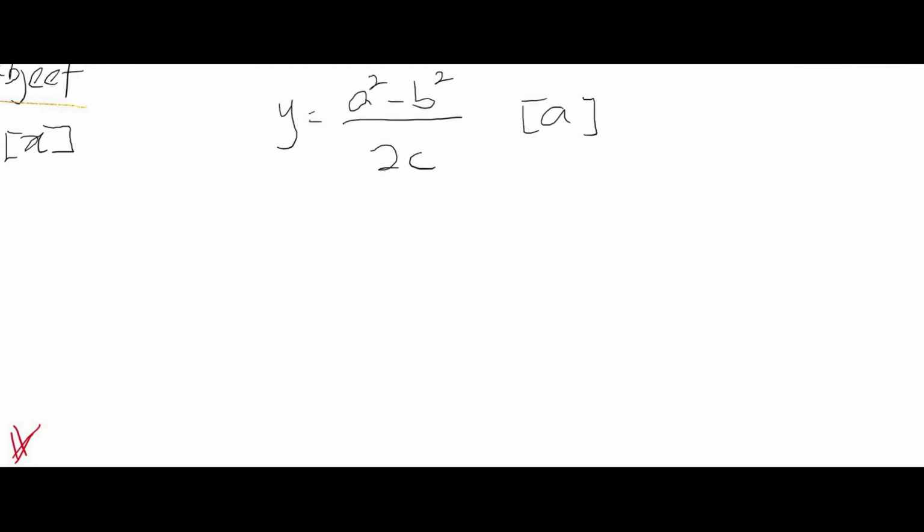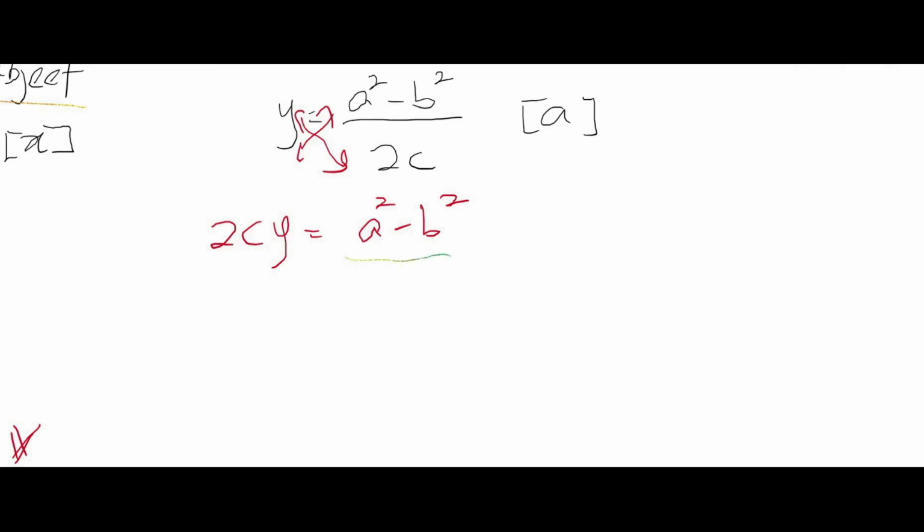Again, this part is a fraction. How do we simplify a fraction just like the previous example? I'm going to do cross multiplication to simplify the entire fraction, so I will have 2cy equals to a square minus b square.